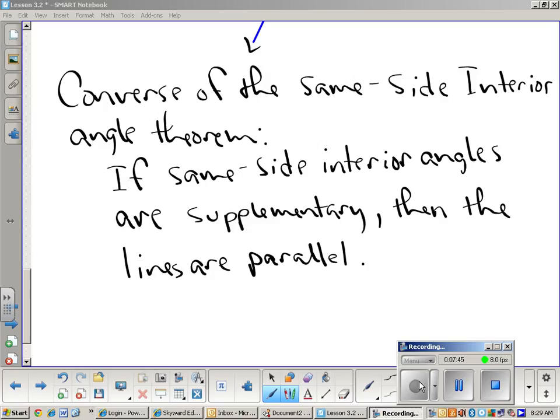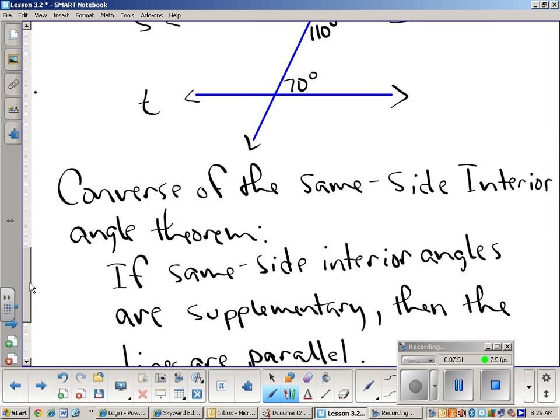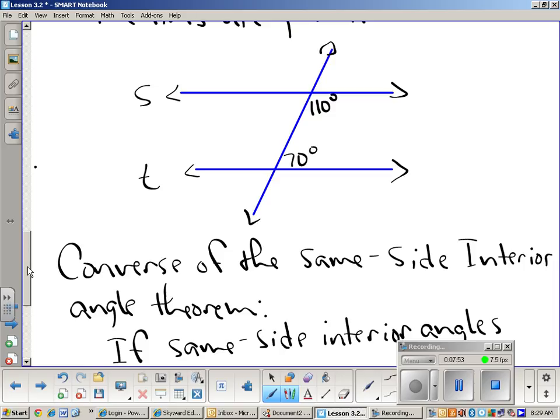So just like the other two, we're taking the converse of yesterday's theorem, and we are stating that the only way my lines could be parallel here is if these two angles, these same side interior angles, add up to 180 degrees. They have to be supplementary.